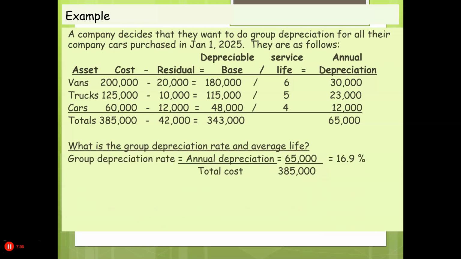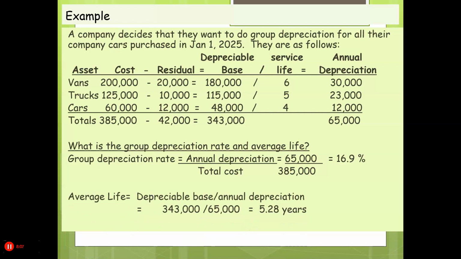We're going to take the annual depreciation of 65,000 and divide by the total cost, and that tells us we're going to depreciate at a rate of 16.9%. What is our average life? We're going to take the 343,000 depreciable base divided by the annual depreciation. So we know that the average life is 5.28 years.